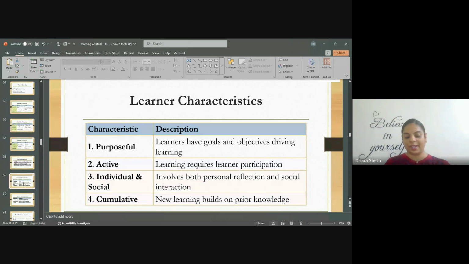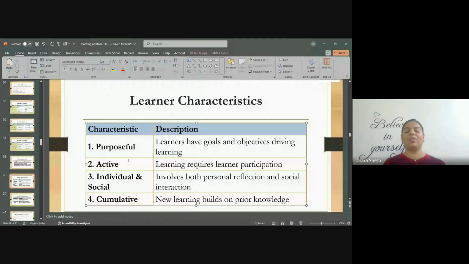Once you know those 12 principles of learning, everything that you learn is somehow going to interconnect with those principles. Active, it requires learner participation. Individual and social, involves both personal reflection and social interaction. And cumulative, new learning builds on prior knowledge.